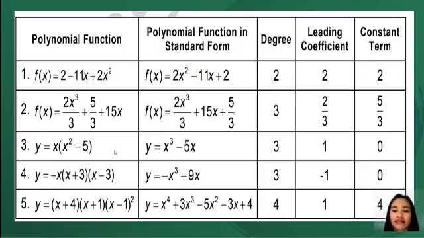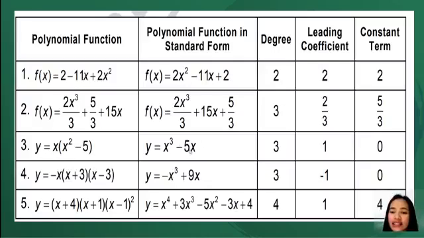Okay. Then, we're going to have the other one. 3 times negative 3. Negative 9. Negative 9 times negative x is a positive 9x. That is why the standard form is y equals negative x cubed plus 9x. Now, what's the highest exponent? So, 3. That's your degree.